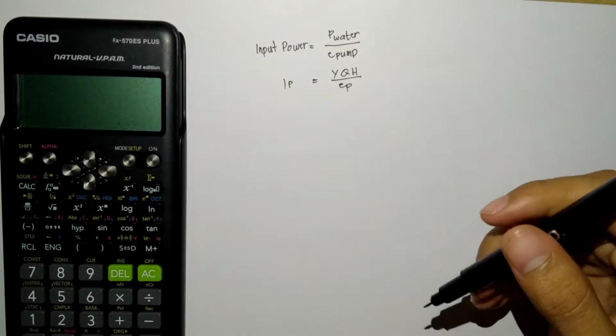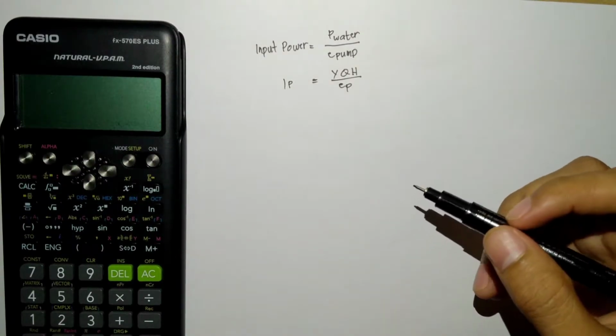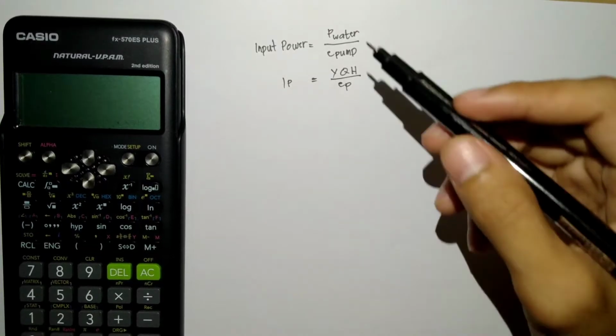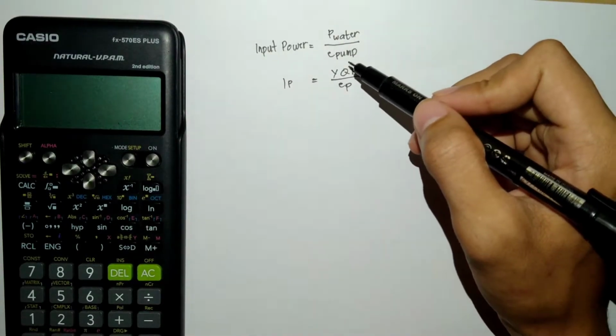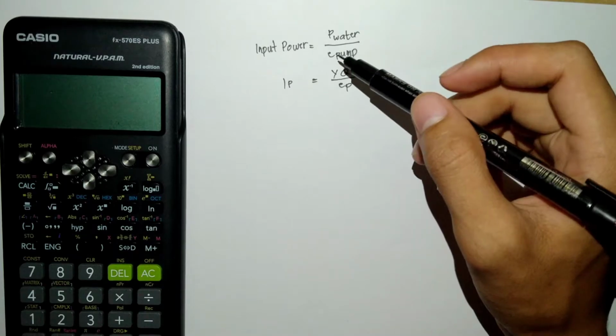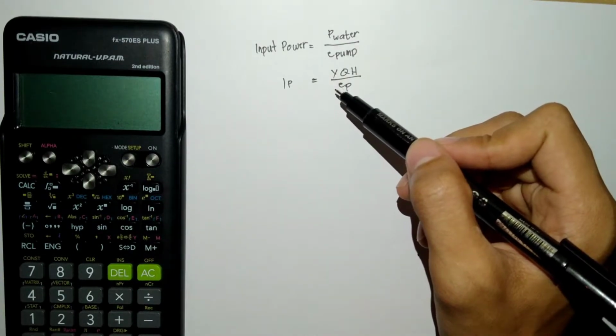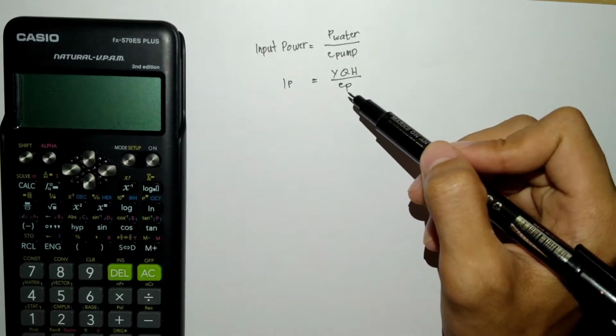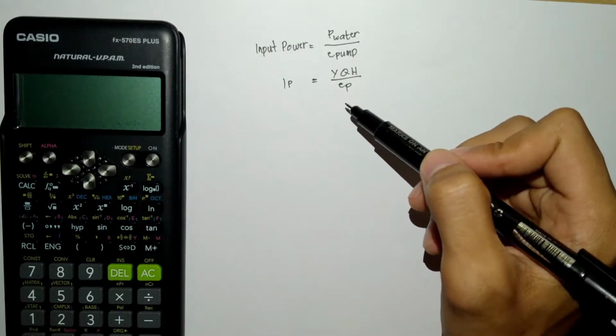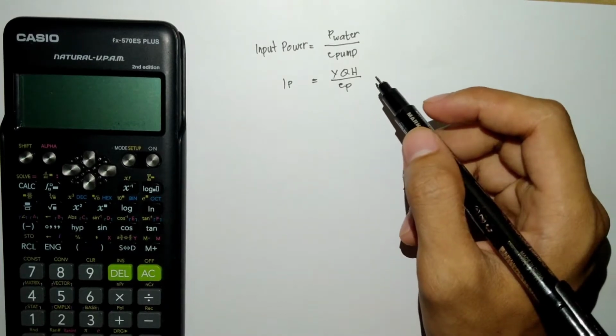In the second problem, we are required to determine the input power, which is equal to water power over the pump efficiency. So, in other words, input power is equal to specific weight times volume flow rate times total head, all over pump efficiency.